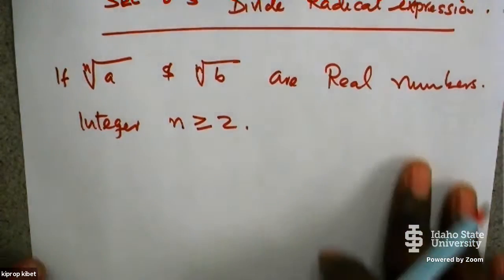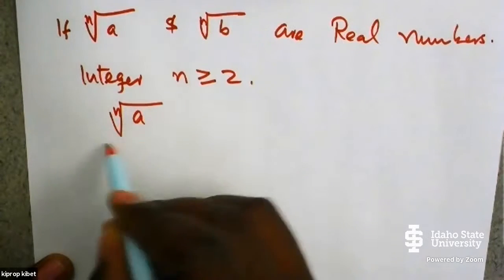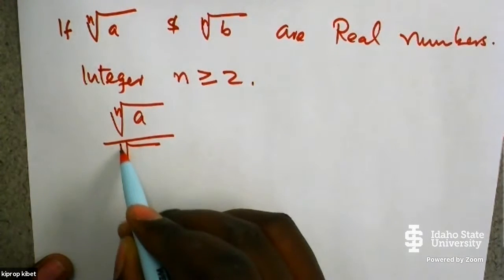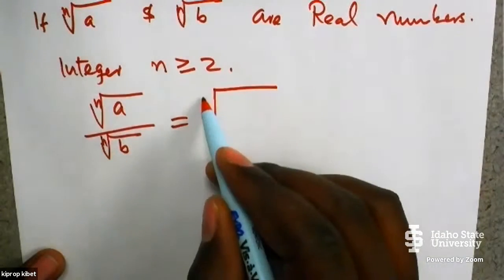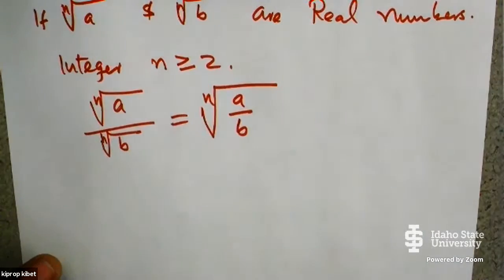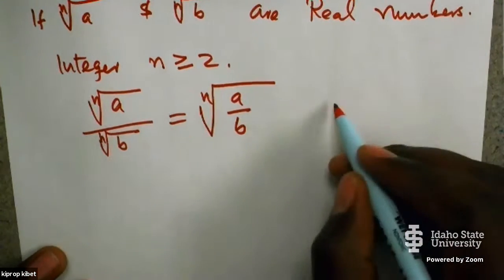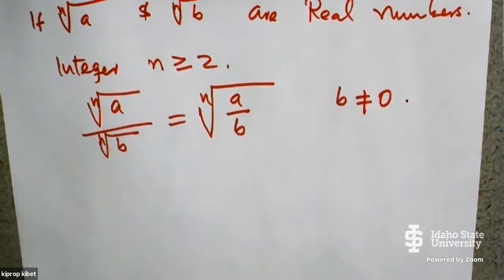Then the nth root of A all over the nth root of B is equal to the nth root of A over B, as long as B is not equal to 0.